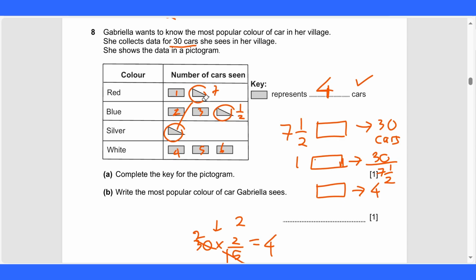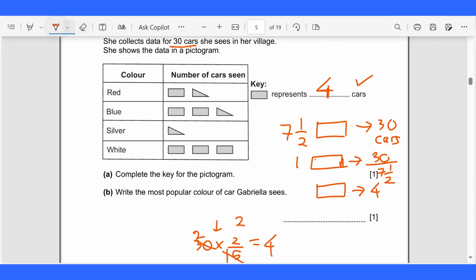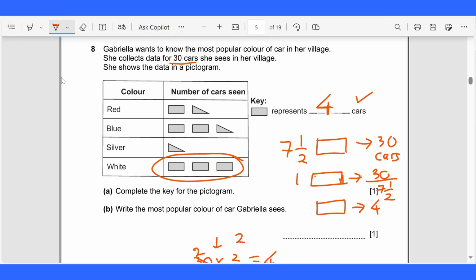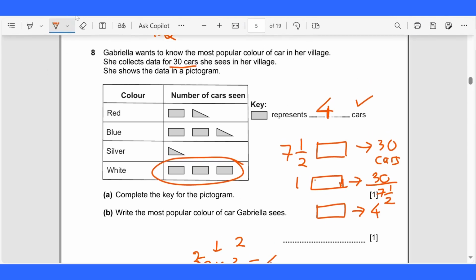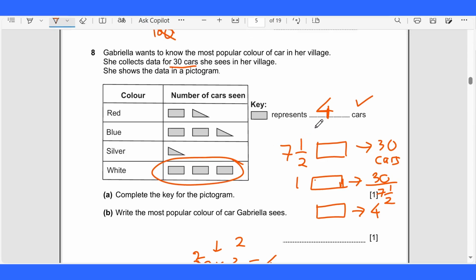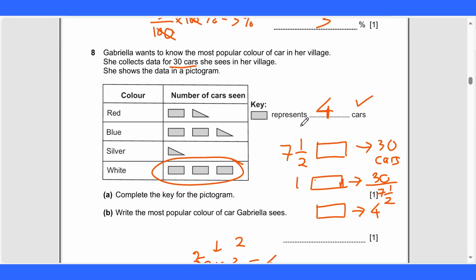So most popular will be the most number, so this one is 3 complete rectangles, so this one must be the most complete one, most number, I mean. So this one must be 3 times 4 will be 12. So the color in here is white. That should be our answer.